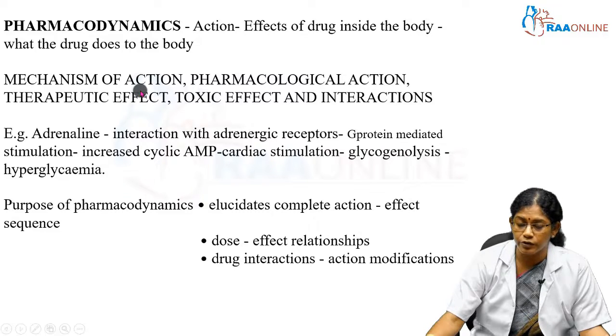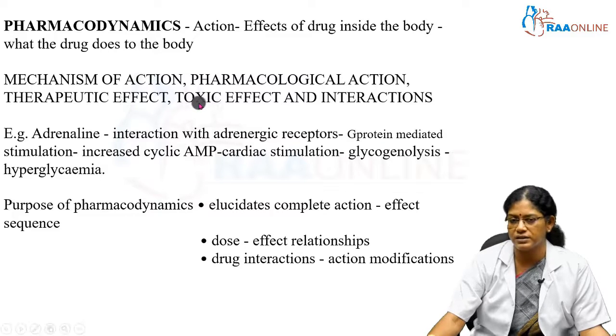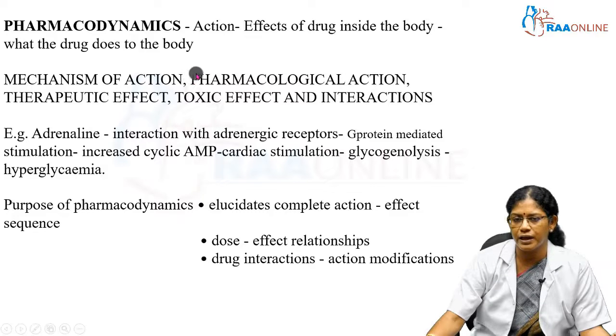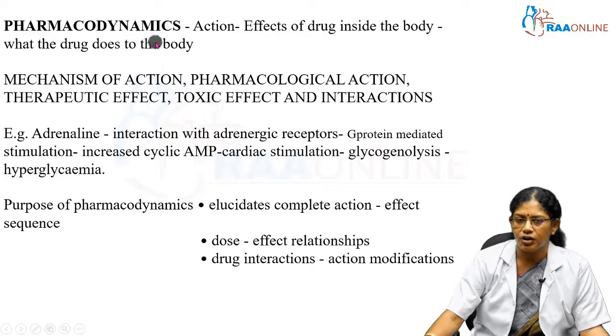What are the actions produced by the drug? The pharmacological actions. What are the various actions that happen in our body? What are the good effects, therapeutic effects, occurring in our body? Toxic effects or unwanted effects, as well as interactions. By taking some other drug, a combination of drugs, what interactions are produced? So the study of the action of the drugs inside our body is called pharmacodynamics.